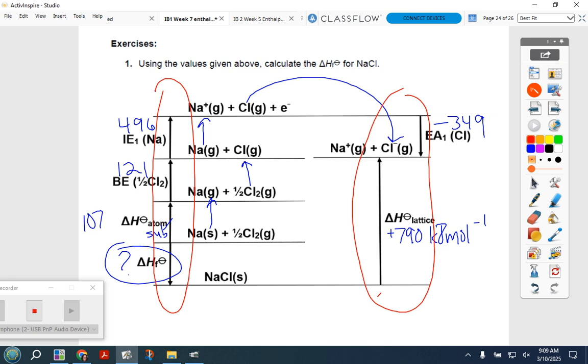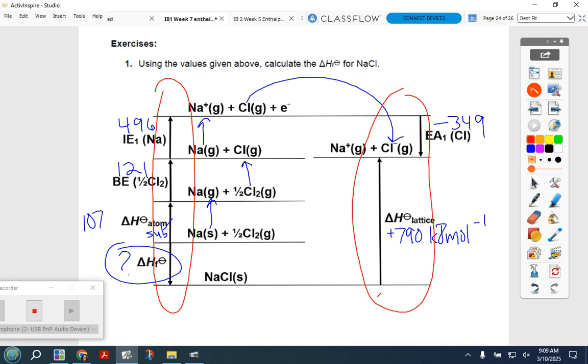So we're going to add the absolute values, because it's not the direction of the arrow that matters here, it's the distance. The distance being energy or enthalpy. So our y-axis here is basically enthalpy.